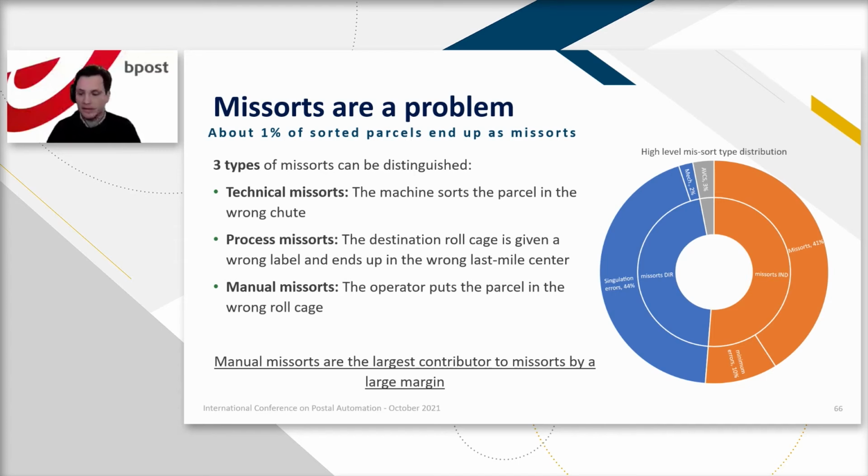An example of this is where the roll cage simply gets the wrong destination label and is thus sent to the wrong destination. The manual missorts is simply where the operator puts the parcel in the wrong destination container. And on the right, you can see a bit of a breakdown. We focus on the indirect chutes, and there the manual missorts are by far the largest issue.